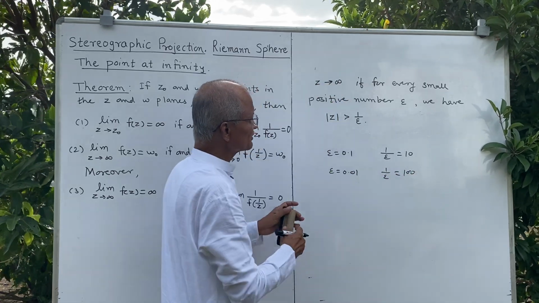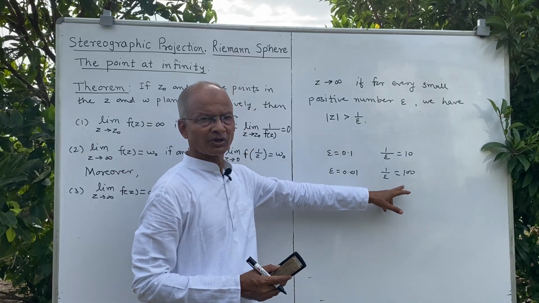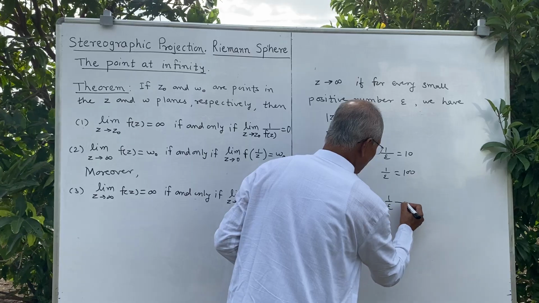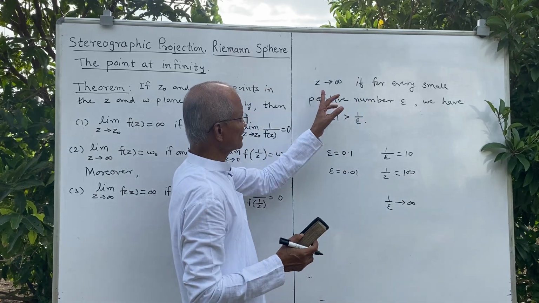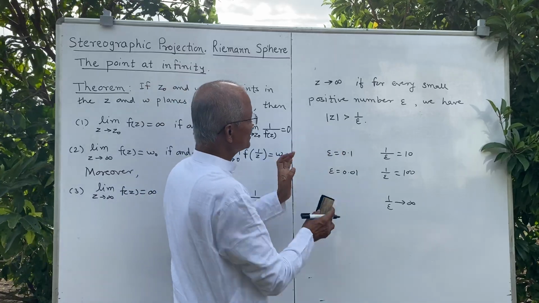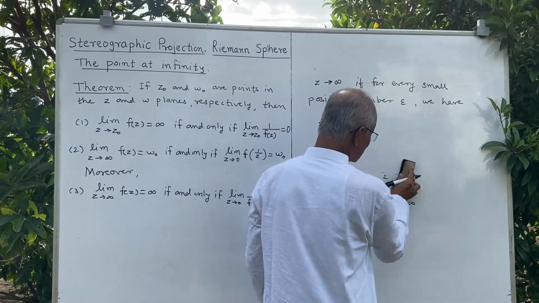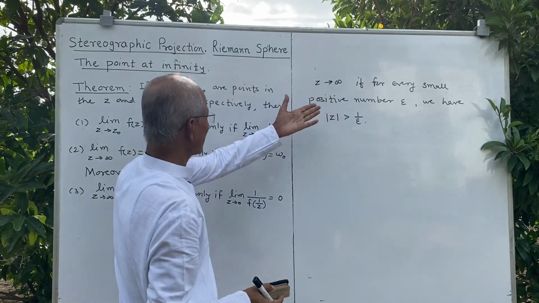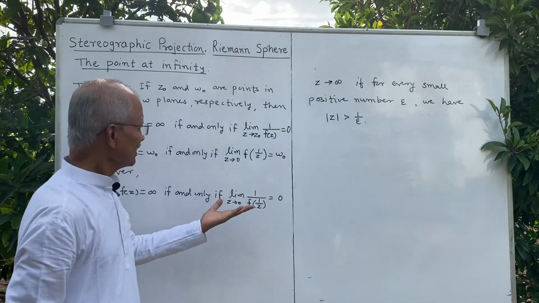As epsilon becomes smaller and smaller, 1 by epsilon becomes greater and greater, and that means z approaches infinity. So, this is the condition we shall use for z approaching infinity or any other point z not approaching infinity.